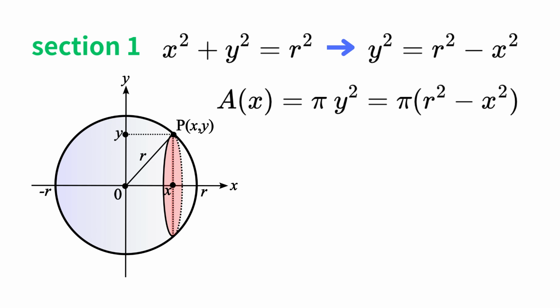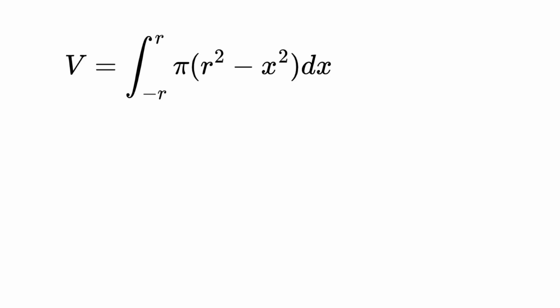To get the volume of the sphere, we add up infinitely thin circular disks from the left end to the right end. As you know, that's exactly the idea of a definite integral. Here's the equation we need. V equals the integral from minus r to r of pi times (r squared minus x squared) dx. That finishes the setup. The rest is straightforward. We just evaluate the integral.